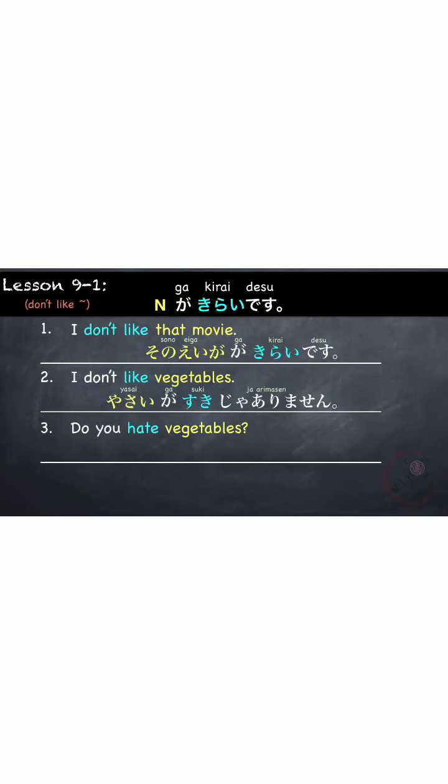To make this into a question, as usual, you just add か at the end. For example, do you hate vegetables? 野菜が嫌いですか? Or 野菜が好きじゃありませんか?